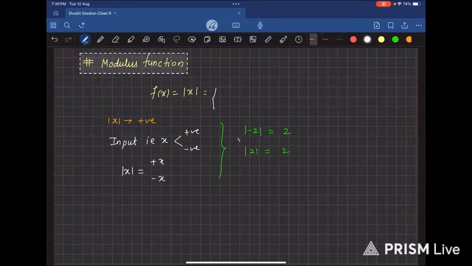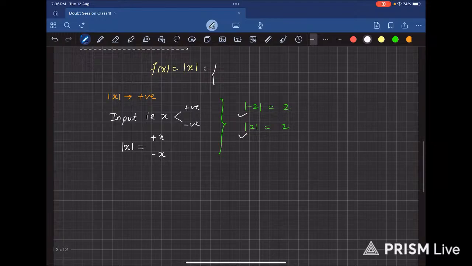So in each case you can see, students, this answer is plus 2. That's why I'm not writing mod minus 2 is equal to 2, I'm writing minus of minus 2, and this will be equal to plus 2, and here I'm writing plus of plus 2, this will be equal to plus 2.